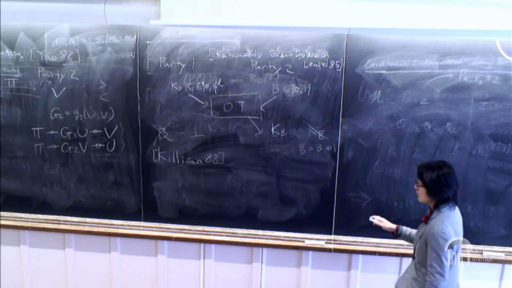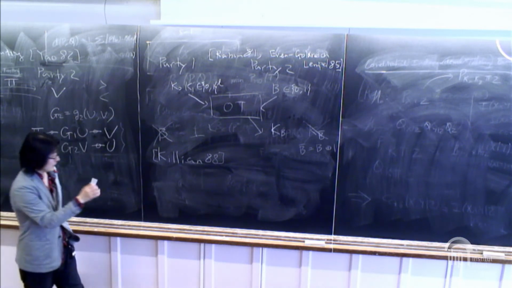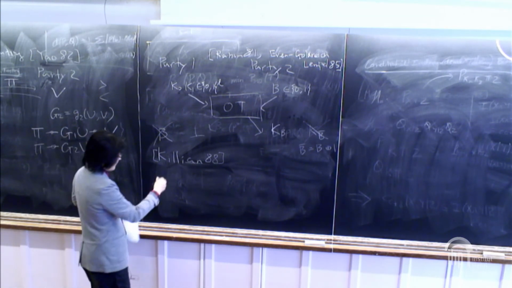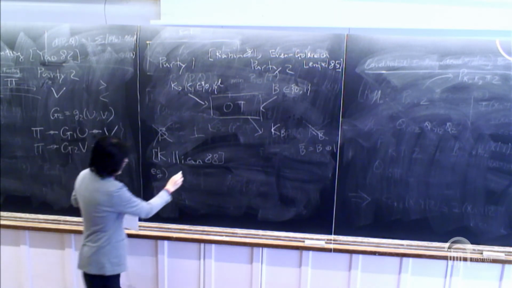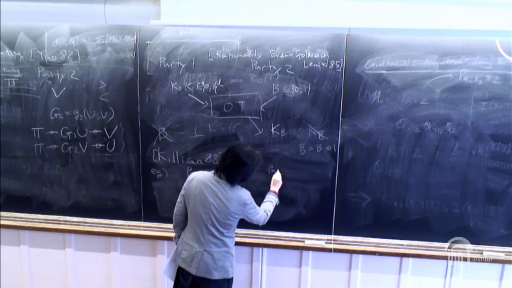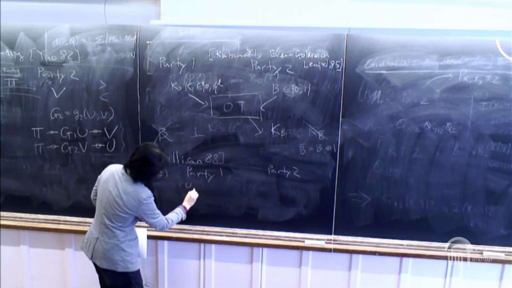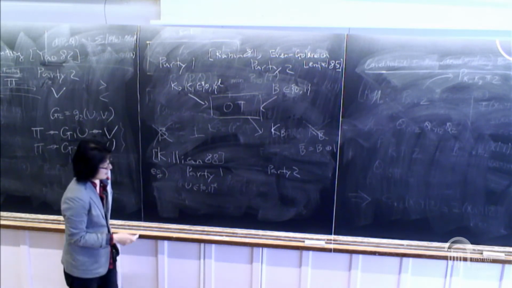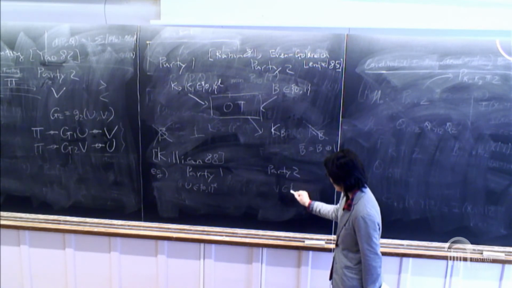His reduction is quite complicated, but to get some idea, I'm going to show one example of how we use this oblivious transfer to compute another function. Suppose party 1's observation is a binary string of length L, and party 2's observation is just a single bit.